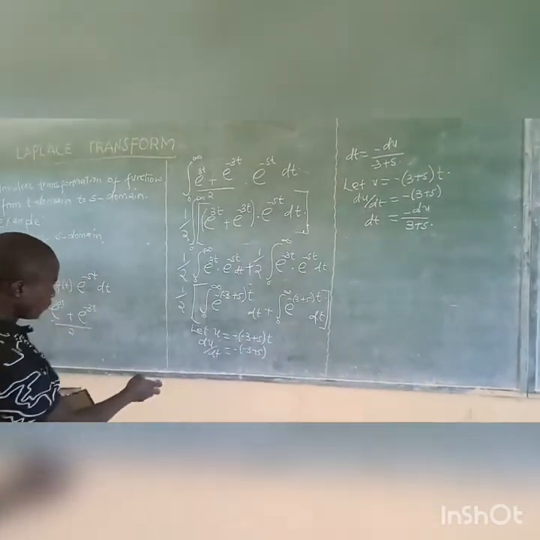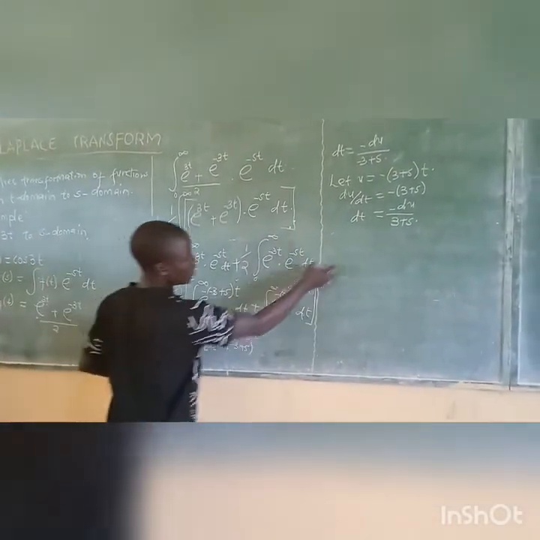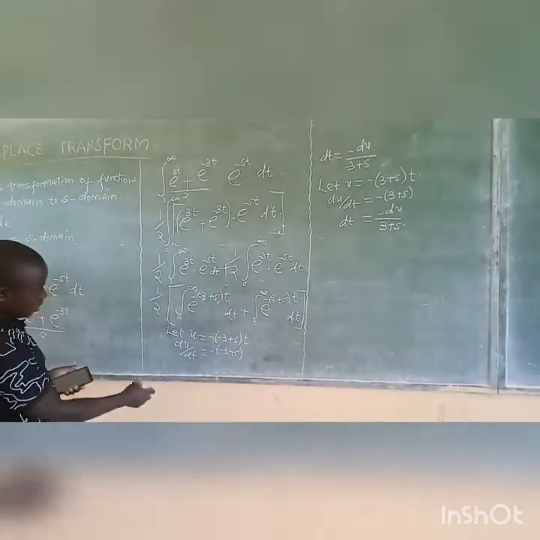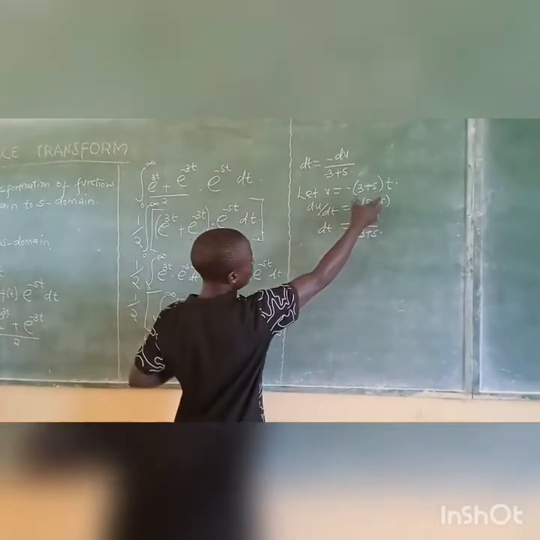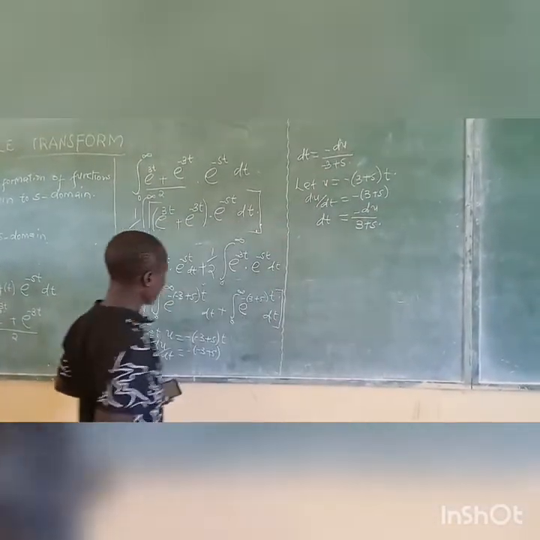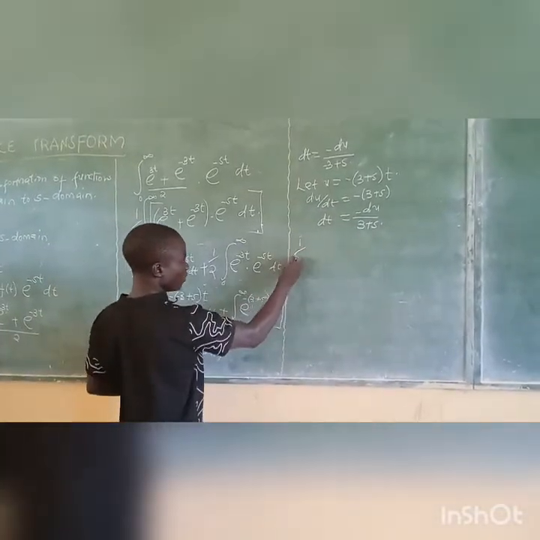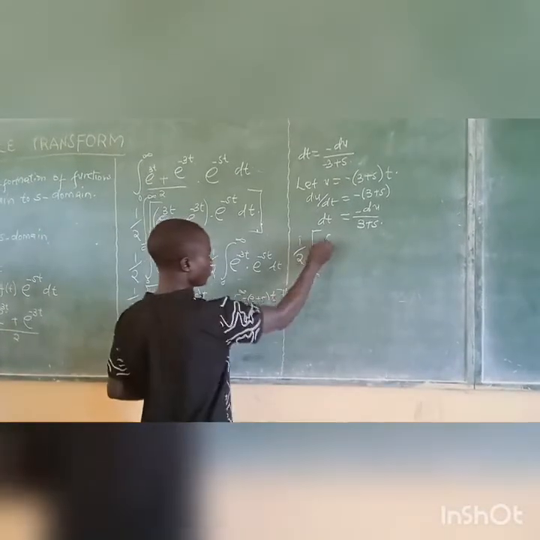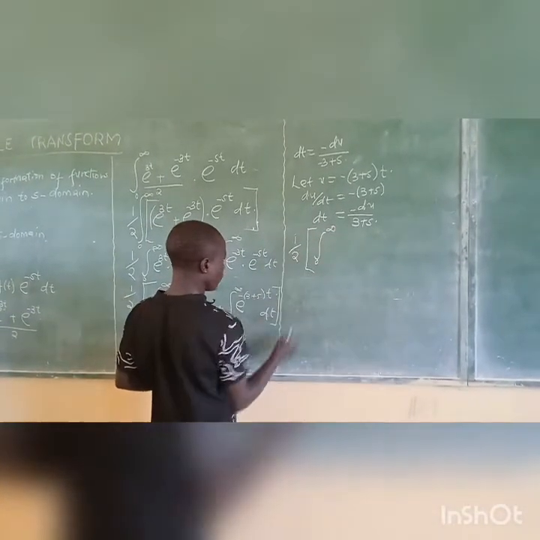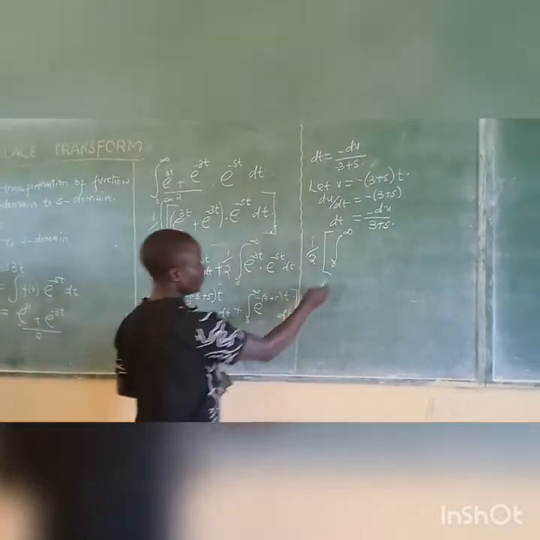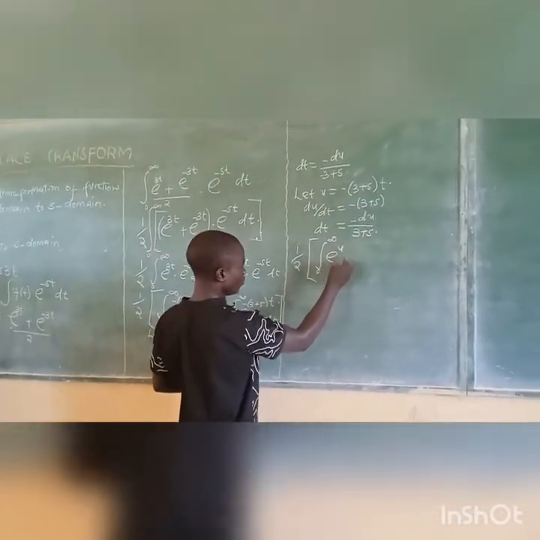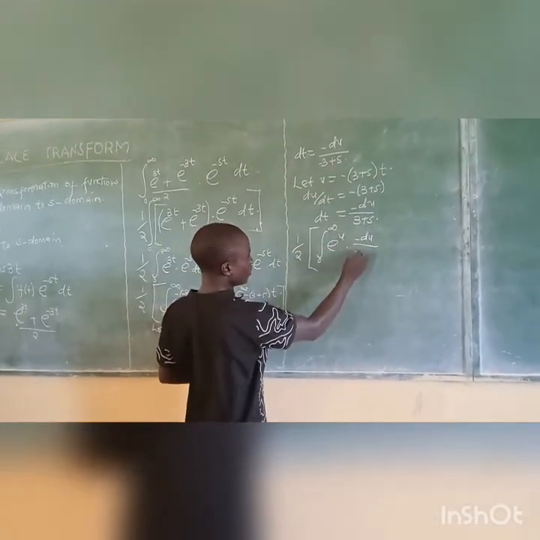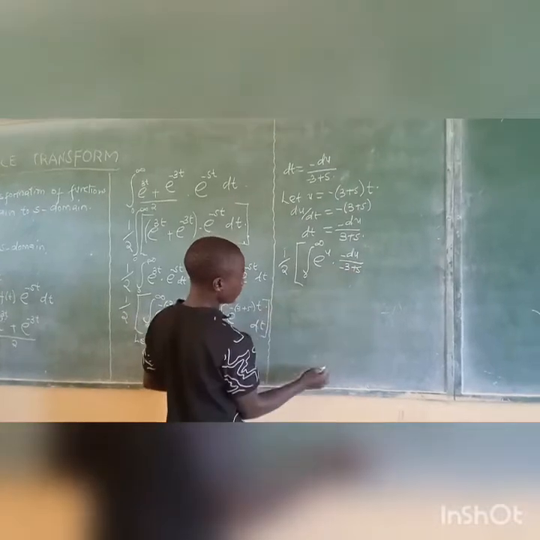So replace where there is a dt with this value for the right side, then where there is dt, this value here. So it is a half, when you integrate from 0 to infinity, exponential u negative du over this value, negative 3 plus s.